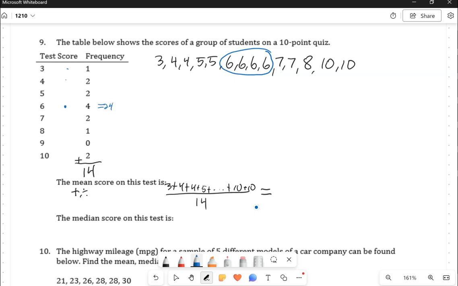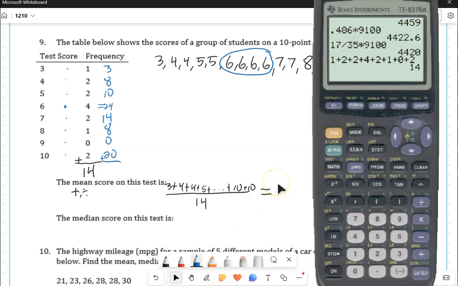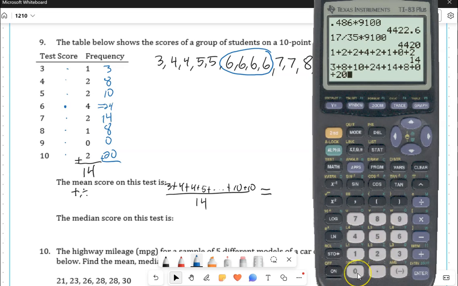So if we were to just multiply all these, 3, 8, 10, 24, 14, 8, 0, and 20, and add those up, that'll be the numerator. 87.